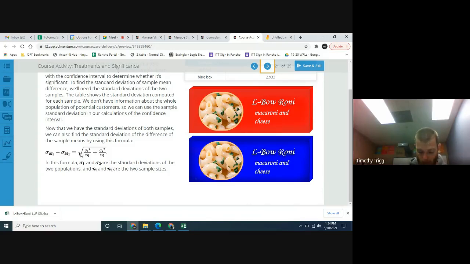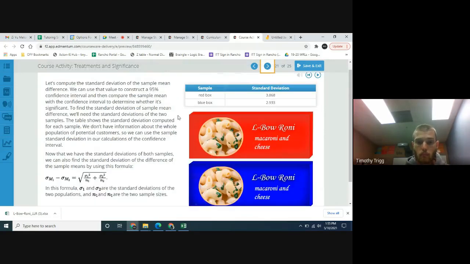It's the square root of sigma sub 1 squared divided by n sub 1 plus sigma sub 2 squared divided by n sub 2. The n's, by the way, are the sample sizes of the two groups. And the sigmas are the standard deviations, right? We talked about sigma being standard deviation before.